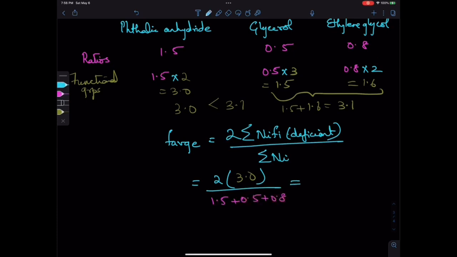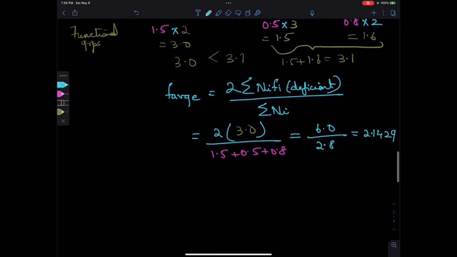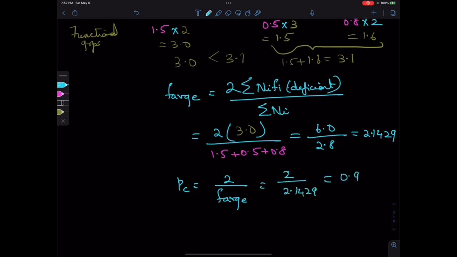And that is 6.0 divided by 2.8, which is 2.1429. So PC is 2 over F average, which is 2 over 2.1429, which is 0.933.